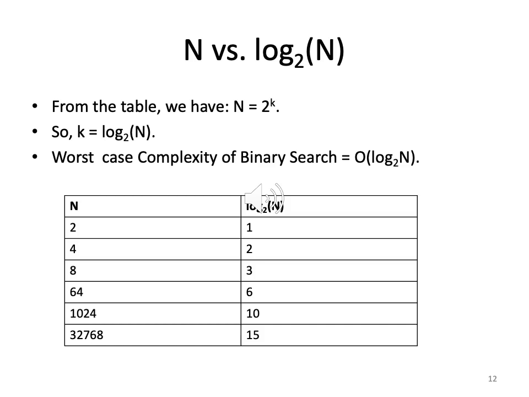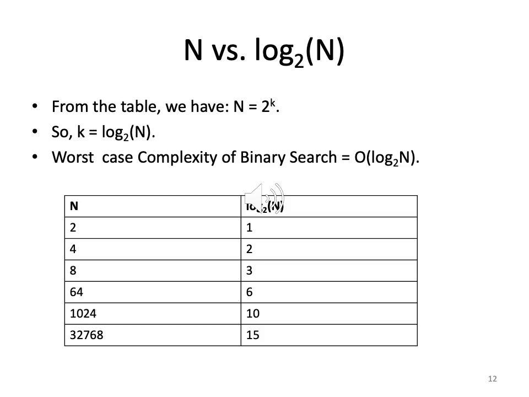For example, for n is 1024, log n is only 10, which means for an array of size 1024, only 10 operations. And for an array of size 32,768, a big jump from 1000, roughly 30 times, log n only increases from 10 to 15.